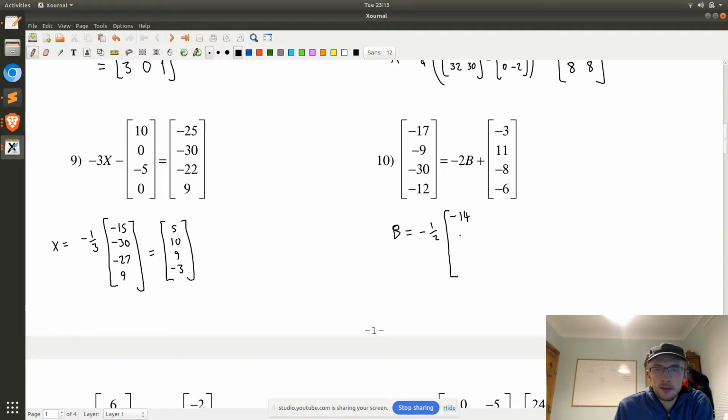Negative 11 minus 11 is minus 20. Negative 30 minus 8 is negative 30 plus 8, which is negative 22. Negative 12 minus 6 is negative 12 plus 6, which is minus 6.